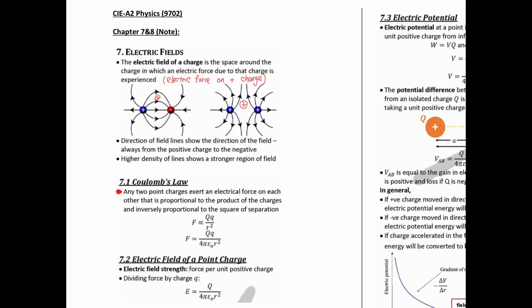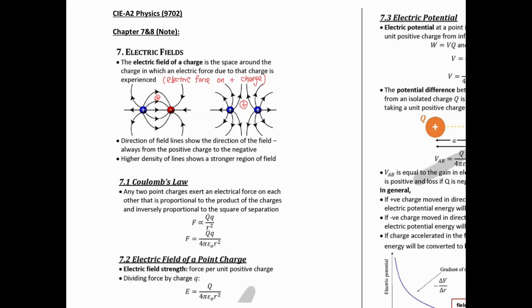Any two point charges exert an electric force on each other that is proportional to the product of the charges and inversely proportional to the square of the separation. Okay, so that is Coulomb's law.